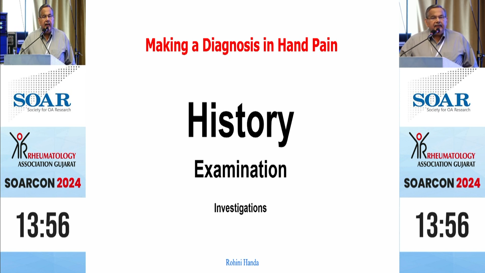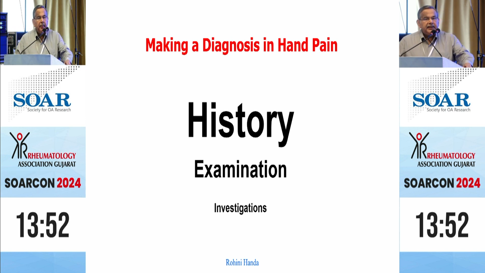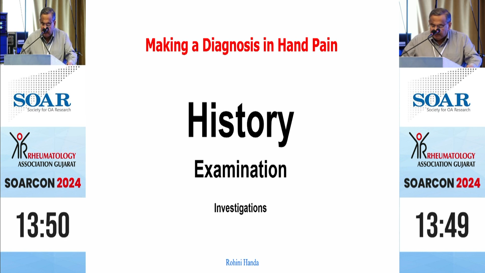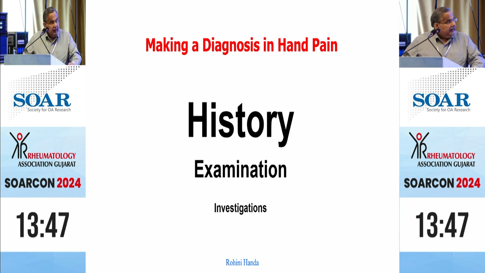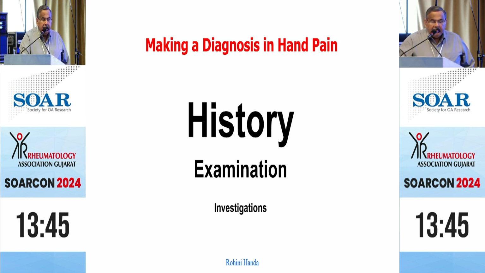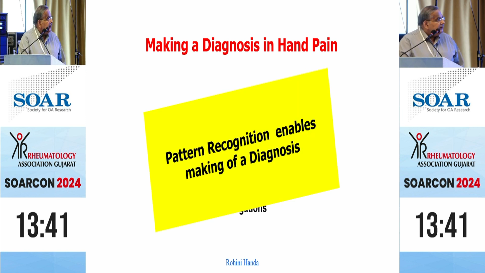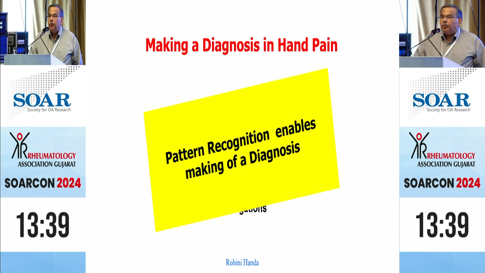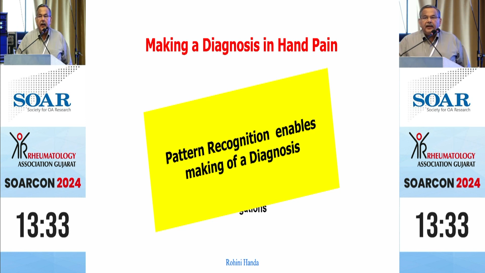Rheumatology, as I say, is high touch, not high tech. So history, patient anamnesis, is extremely important. Then we have examination, and last but not the least, investigations, and this allows you to recognize patterns. This is at the heart of clinical rheumatology.